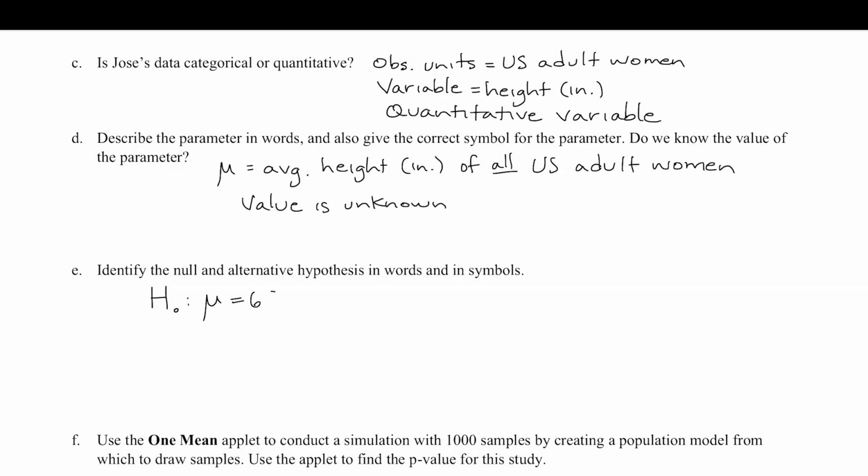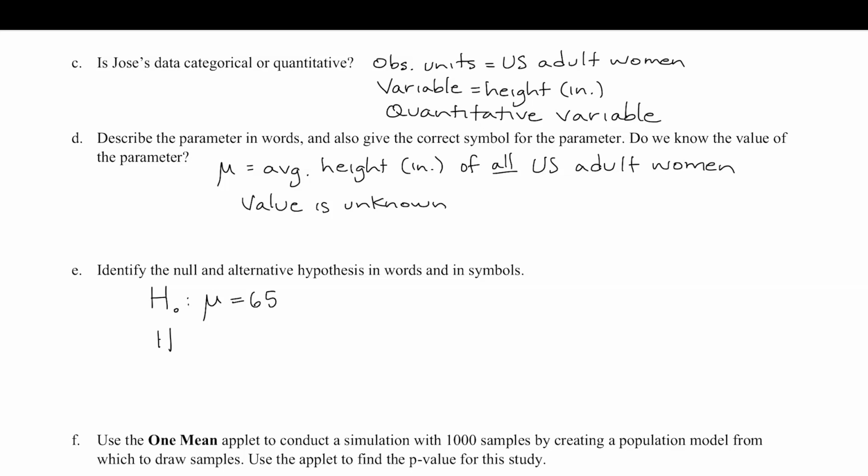All right, so the null hypothesis, we're going to start by assuming that what Jose read online is true. So notice that this is not really about random chance in the way that it was with categorical variables. Our null hypothesis is, all right, let's assume that what he read online is true.